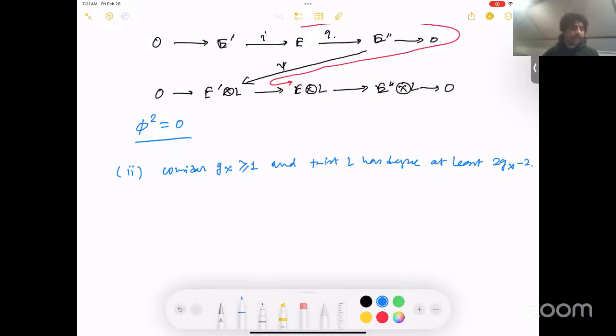So twice gX minus 2 is the degree of the canonical line bundle on X. So if you have this condition, then a very stable bundle is always slope semistable.